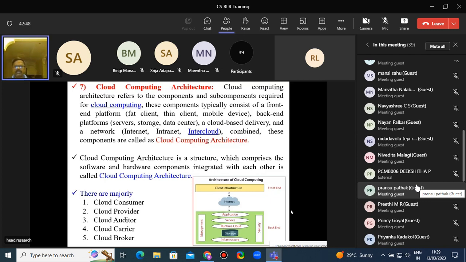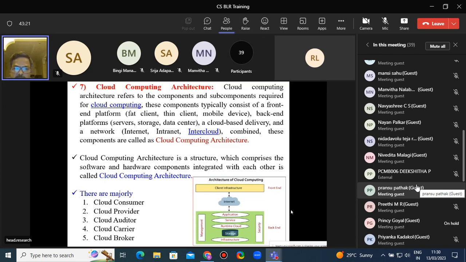majorly classified into cloud consumer, cloud provider, cloud auditor, cloud carrier, cloud broker. So here if you see the architecture, front-end client infrastructure through data center, storage, infrastructure, management, security, runtime cloud services applications.